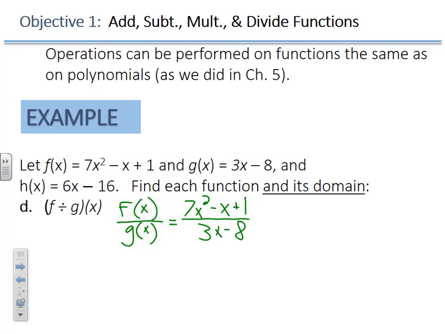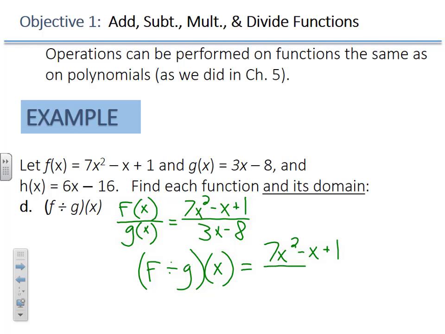Now generally we'd want to do any factoring and canceling, but the top is prime, and so there's no reducing to do there. We can conclude simply that f divided by g of x is the rational function 7x squared minus x plus 1 over 3x minus 8.